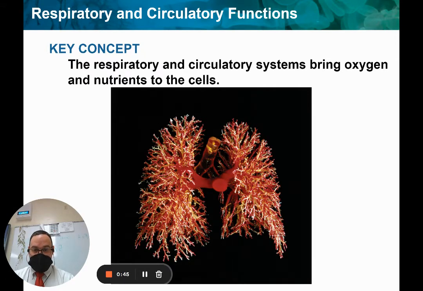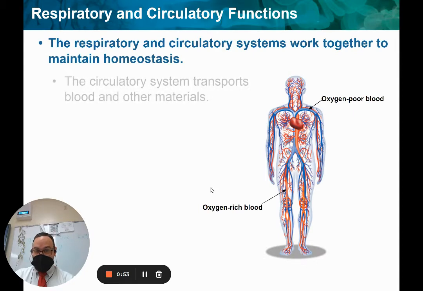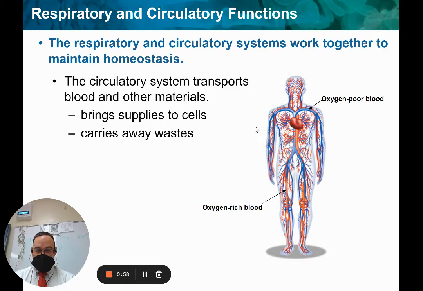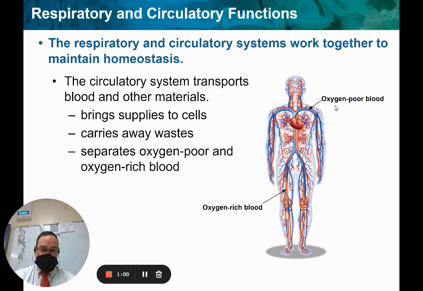And then you actually get the function of gas exchange by bringing in oxygen and letting out carbon dioxide through this system. Now, when you think of blood vessels, I want you to think of blood vessels being of two types: oxygen rich and oxygen poor.